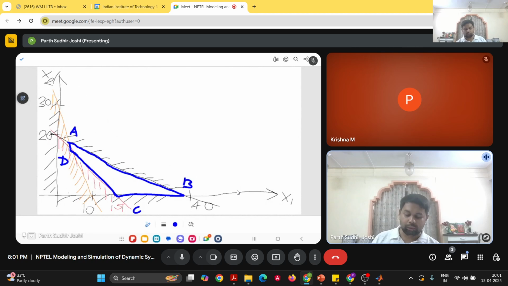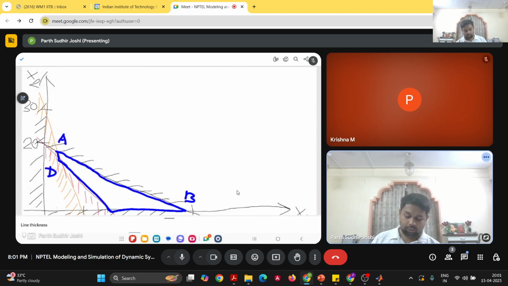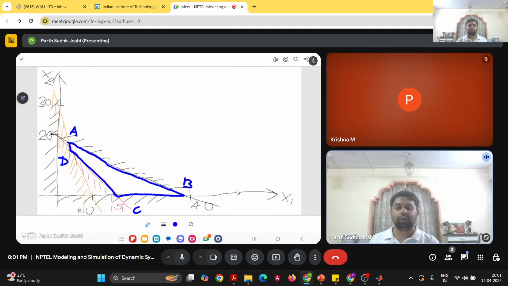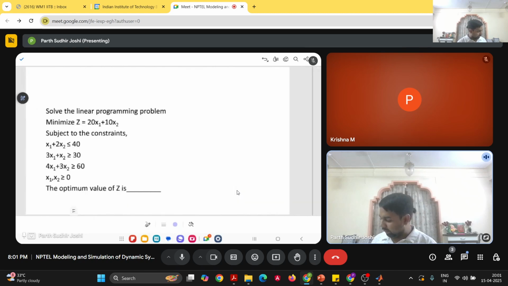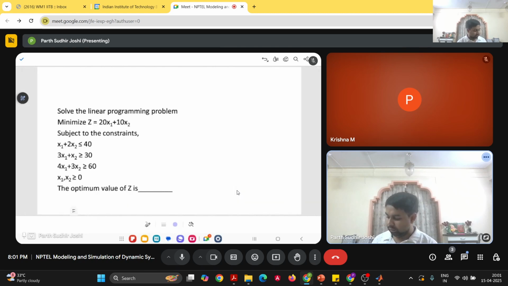So to find the optimum solution, we need to find out the coordinates of each of these vertices A, B, C, D. For that, we need to find the intersection point of these lines.